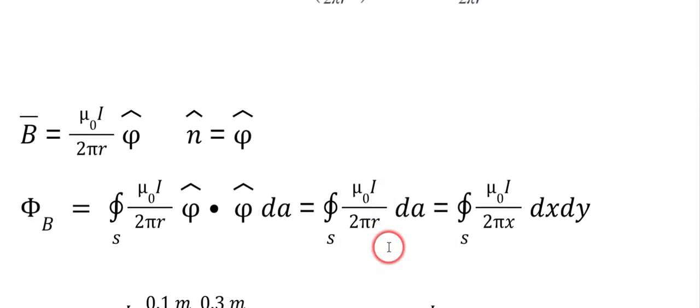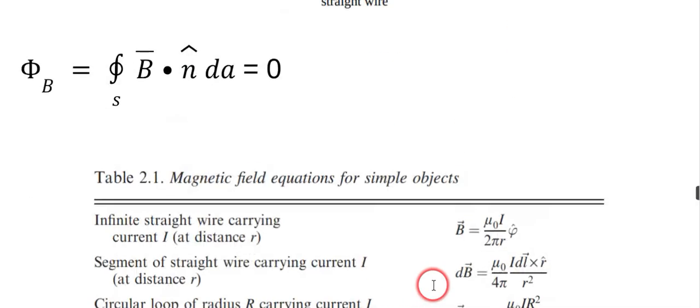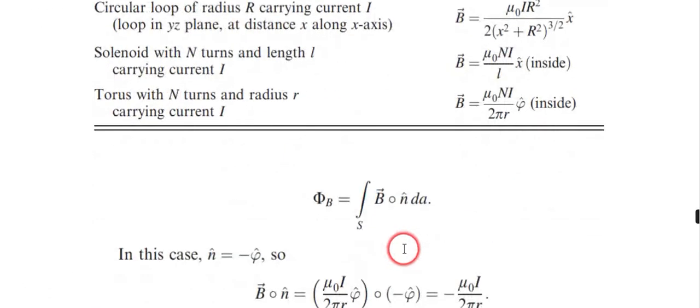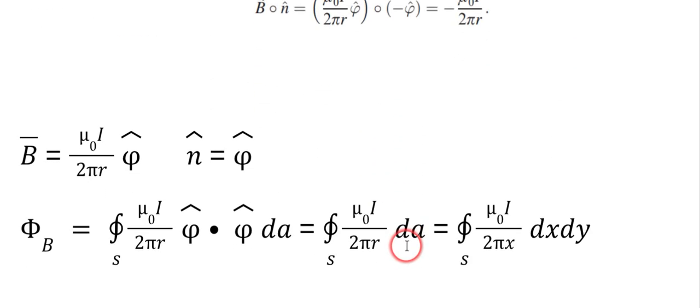So we know that part. And what is our dA? Well, that's also obvious to me: we've got dx and dy, because this is just a box. So that's our dA. Now, what are our limits? What are the limits of this integral going to be?